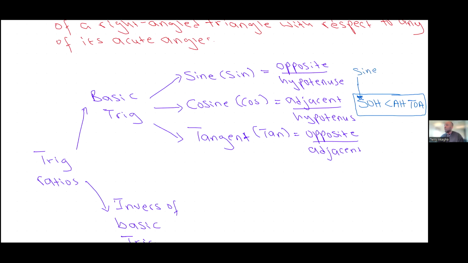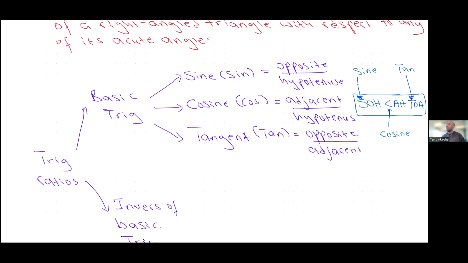The C is for the cosine, that is the adjacent divided by the hypotenuse. And the T is for the tangent, which is opposite divided by adjacent. It's a way to remember this: the sine is the opposite over the hypotenuse, the cosine is the adjacent over the hypotenuse, and the tangent is the opposite over the adjacent.